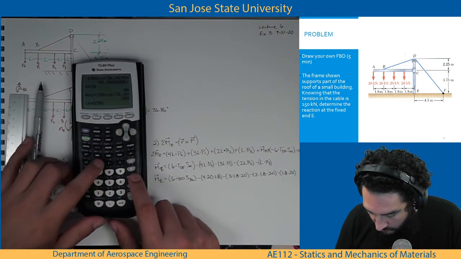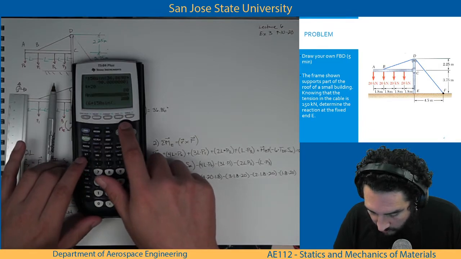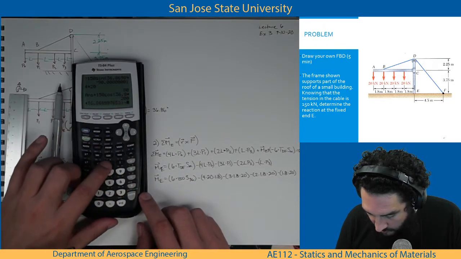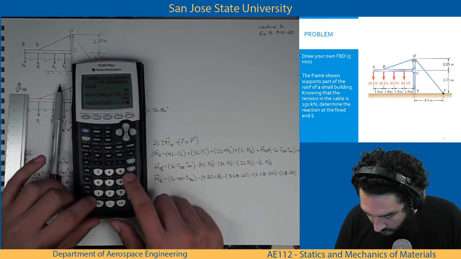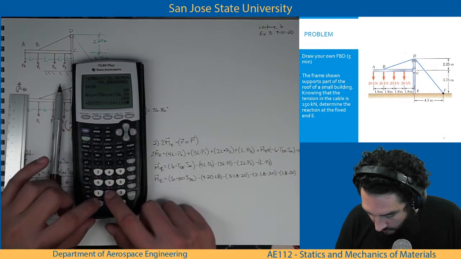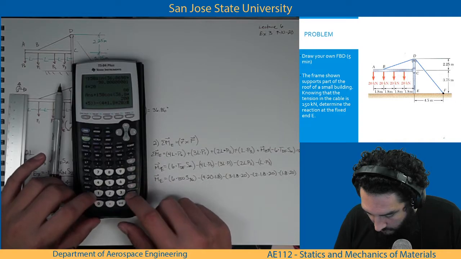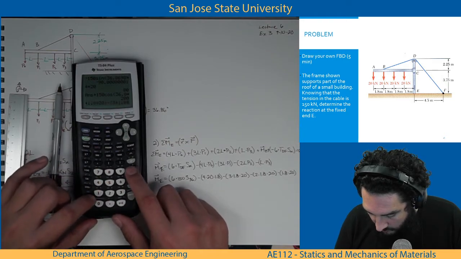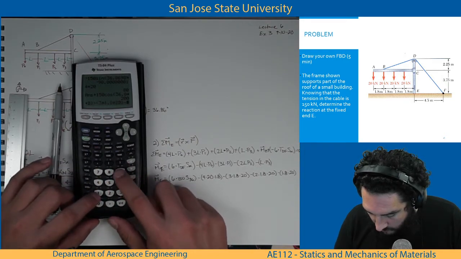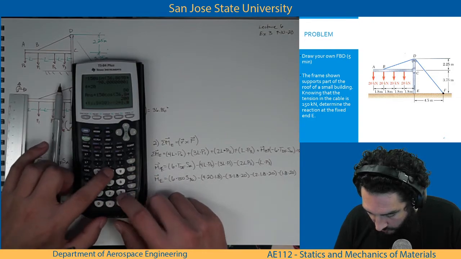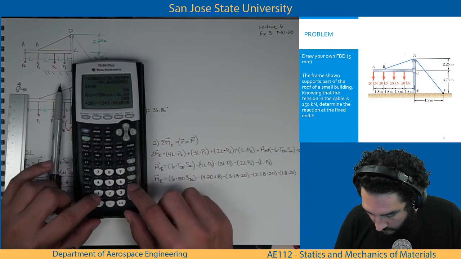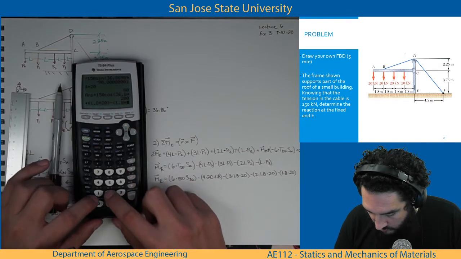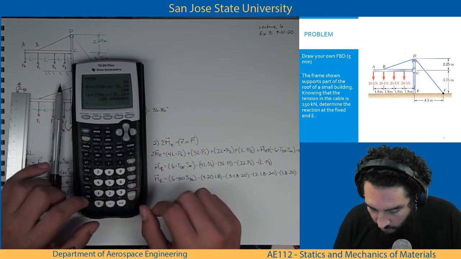Times 150 sine 36, close parentheses, minus open 4 times 1.8 times 20 minus 3 times 1.8 times 20, 2 times 1.8 times 20, 1.8 times 20. 180.